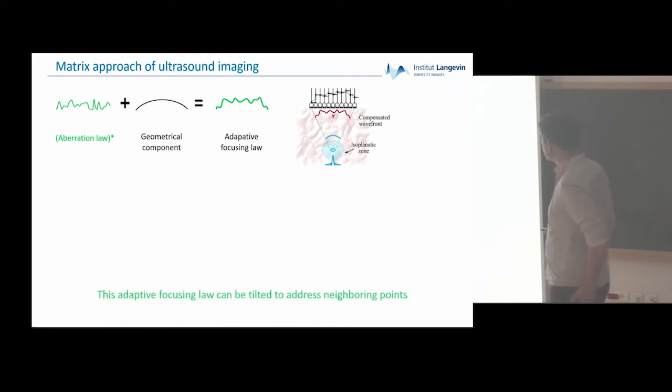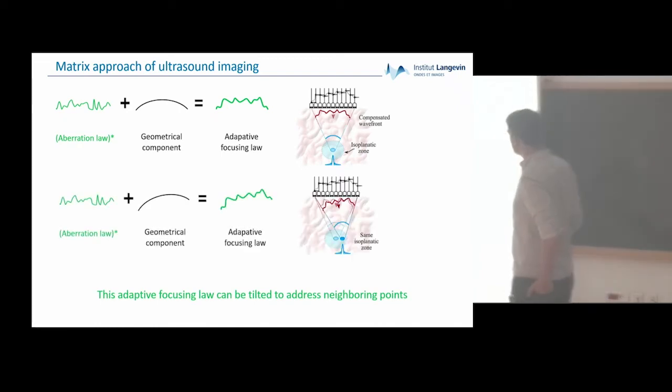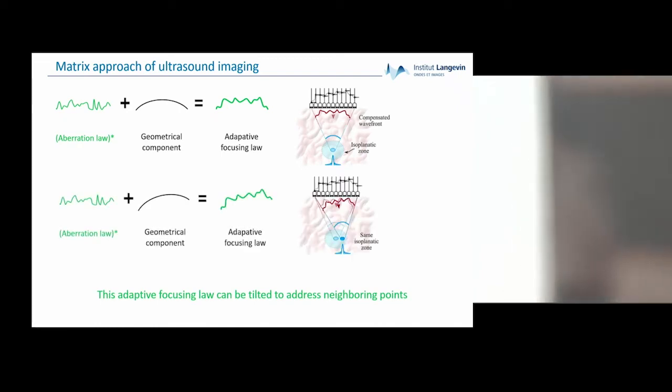Okay, and then you can tilt this aberration phase law, okay? You assume that the aberrations are spatially invariant in all the medium, and then you can tilt this aberration phase law, just changing the geometrical component, and then you can retrieve a diffraction limited resolution image in that part of the medium.